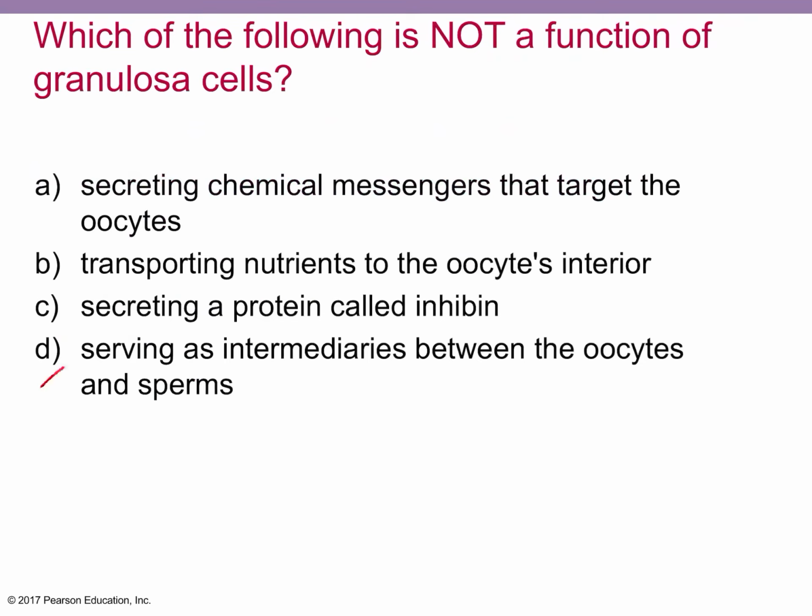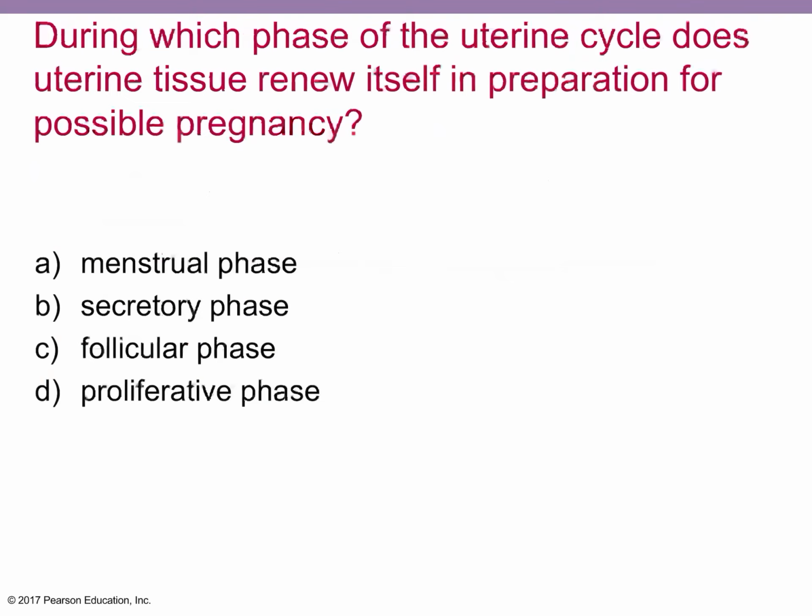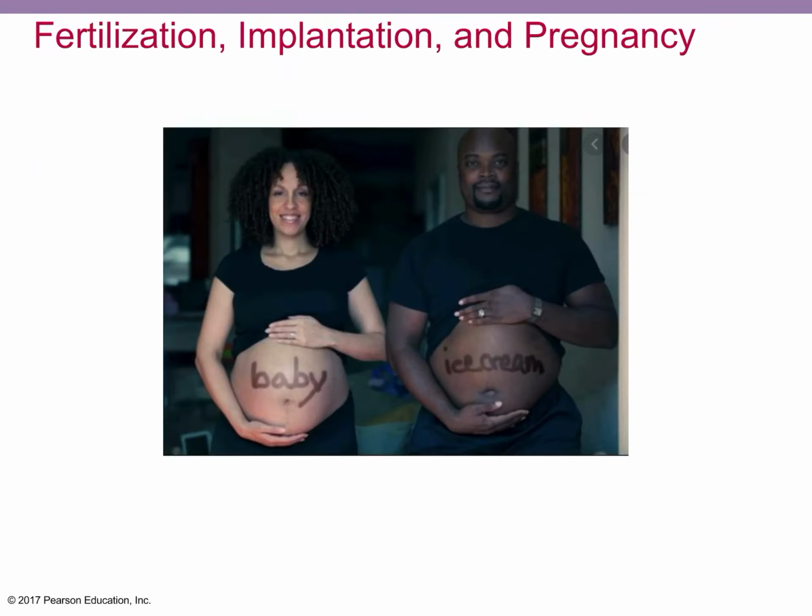Okay, D is your answer. It's not a function. During which phase of the uterine cycle does uterine tissue renew itself in preparation for possible pregnancy? The answer is proliferative phase. All right, and that's the end of this part.